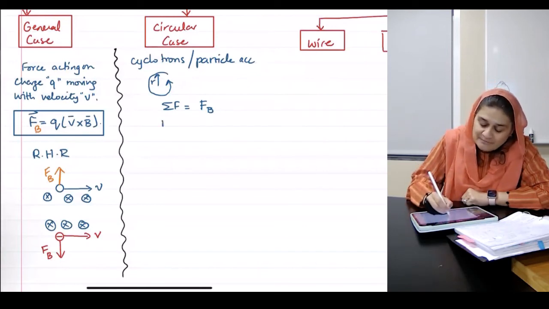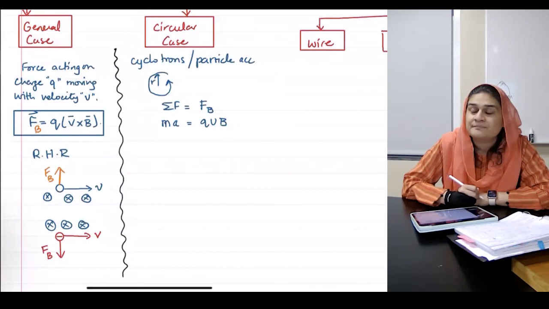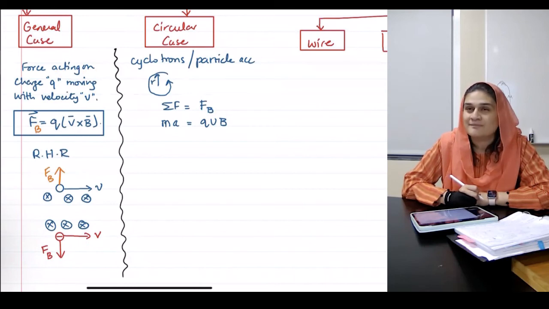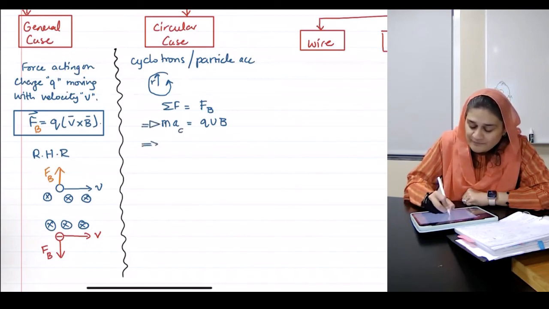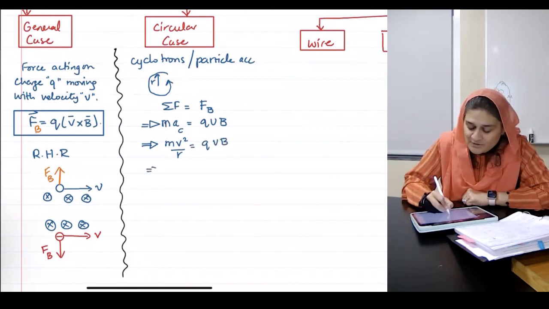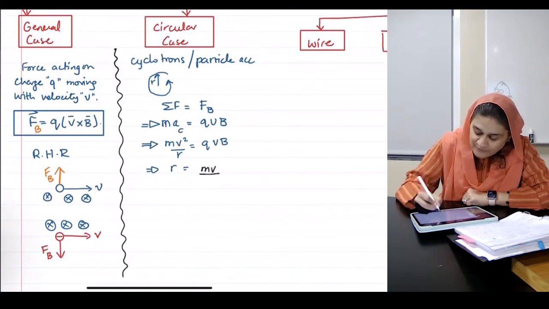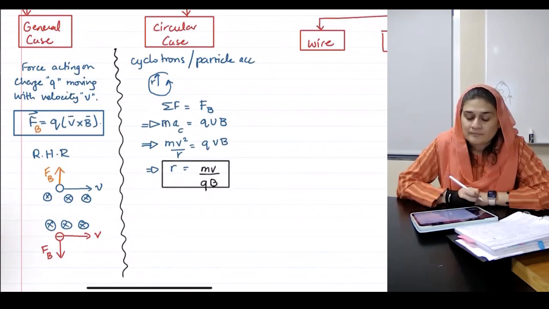This side will become MA equals QVB, where V and B have to be 90 degrees in order for this to work. Or this will be MAC, going back to intro 1, or MV squared over R equals QVB, or in general, the cyclotron radius will be given by MV over QB.